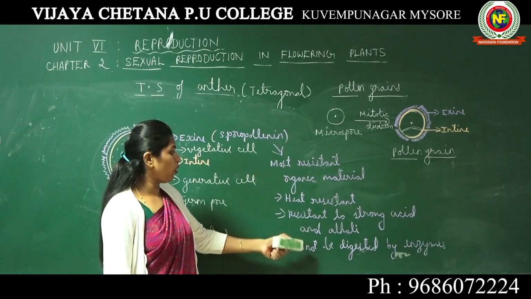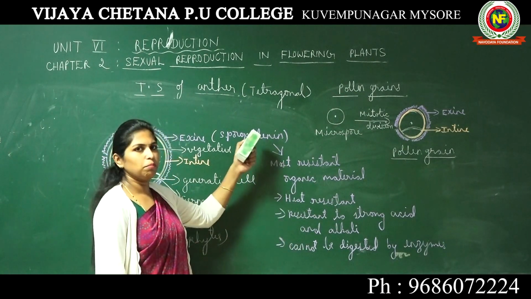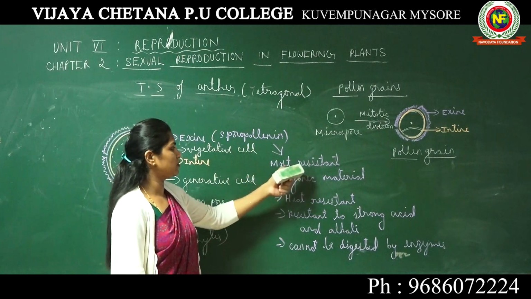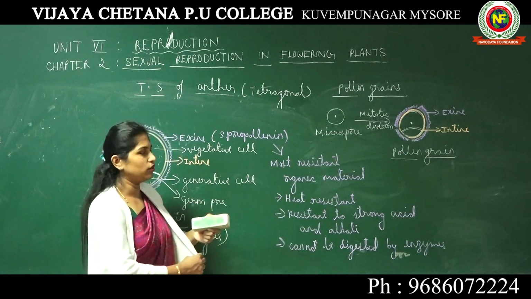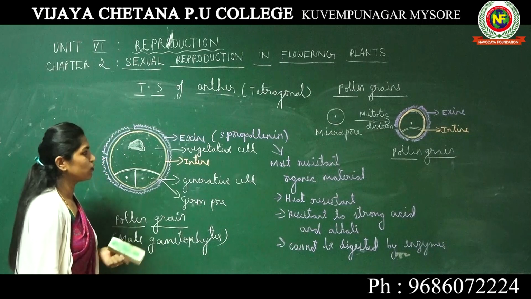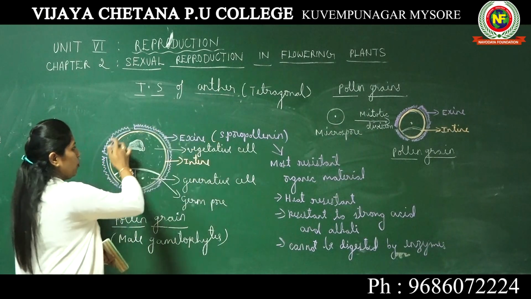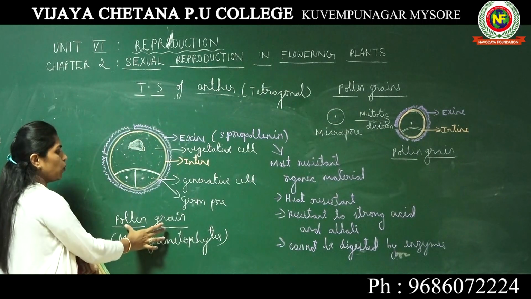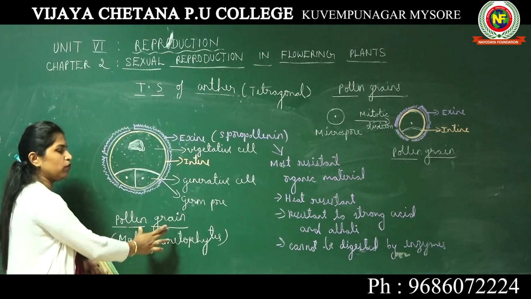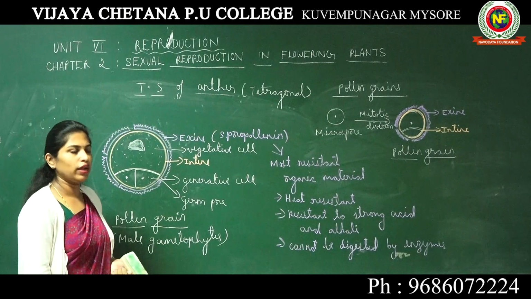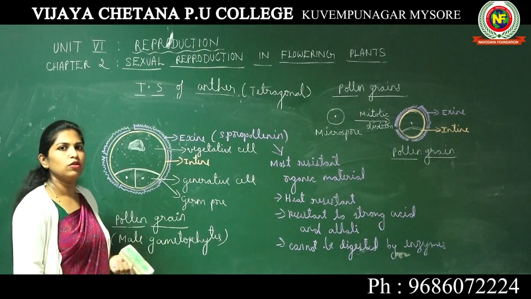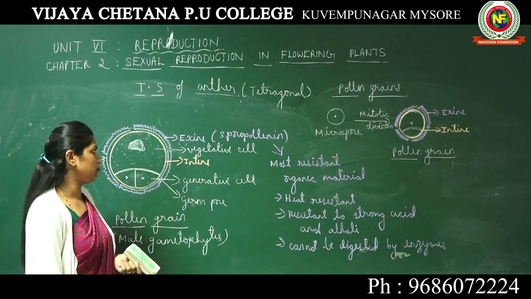These three properties make it the most resistant organic material on this earth. So this is the property of exine. Because of the presence of sporopollenin, the pollen grain can be preserved as fossils for a very long time.